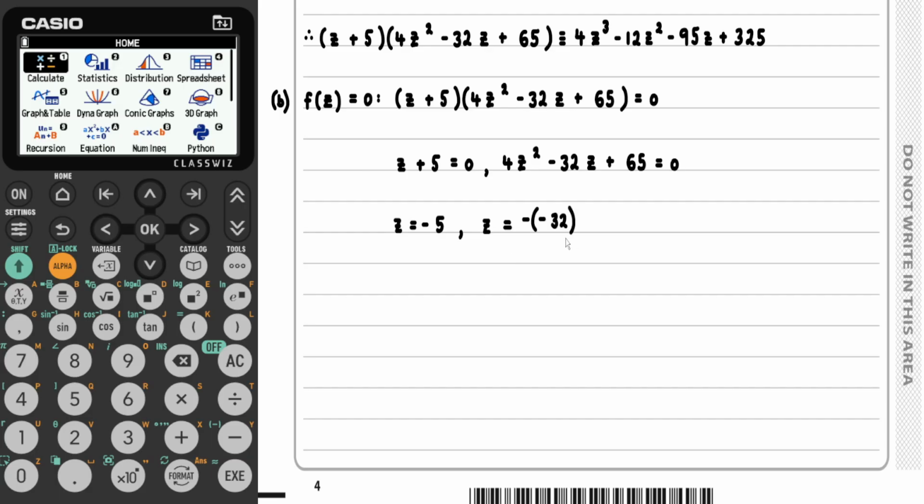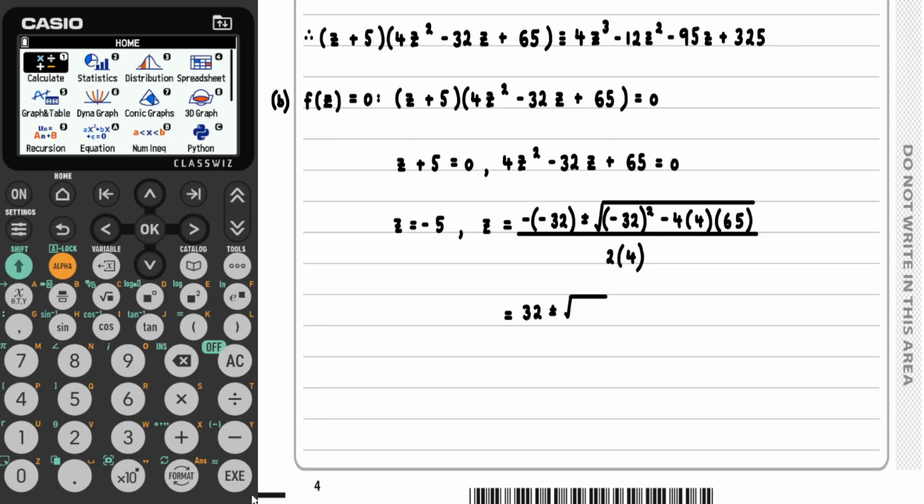z will equal negative negative 32 plus minus the square root of negative 32 squared subtract 4 multiplied by 4 multiplied by 65, all over 2 times 4. So we have negative negative 32, that's 32, and then we have plus minus the square root of.